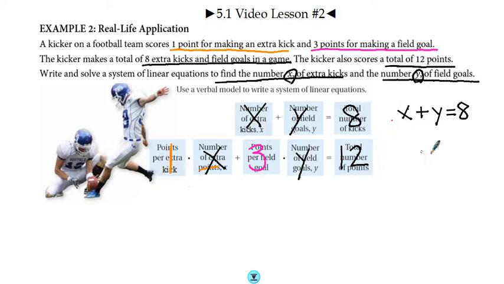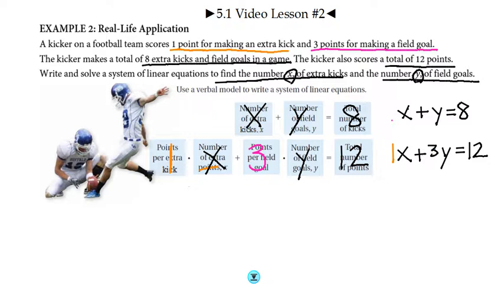So if I rewrite this equation, 1 times x is x, or you can write it as 1x if you want to, plus 3 times y is 3y equals 12. So here are my two equations, x plus y equals 8 and x plus 3y equals 12.